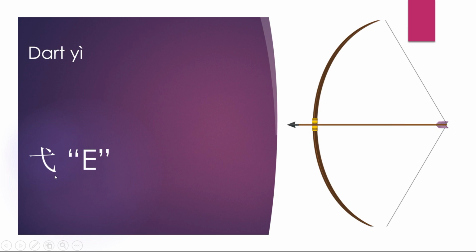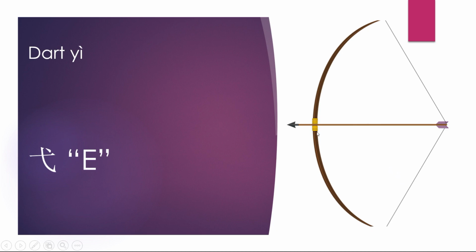So how do I remember yi? A very simple character, yi, in Chinese. In written Chinese, this is how it's written. How can we remember this? When you look at it, forget about the string, it's very light, you cannot focus on it.